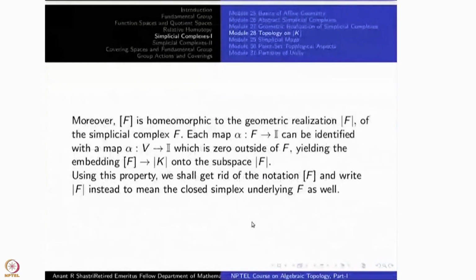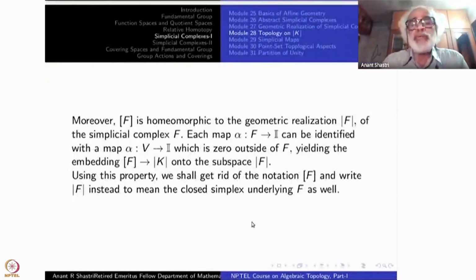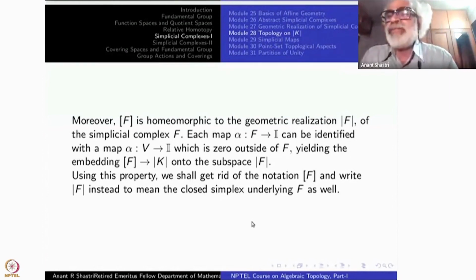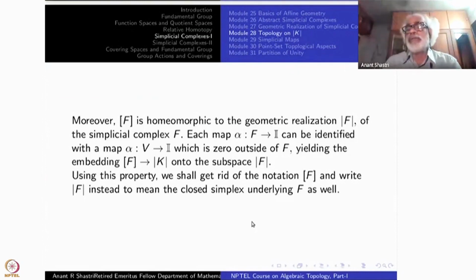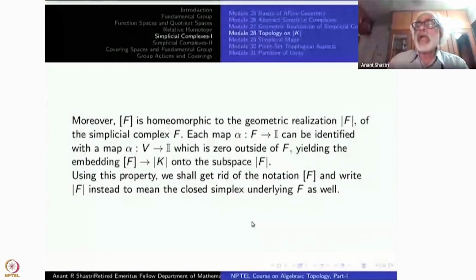Second point, again I am telling you, this closed simplex F is homeomorphic to the geometric realization of mod F, where F is thought of as a simplicial complex. Given a simplex, you take all its subsets, that's a simplicial complex. Then what is the geometric realization of this? You have to take all functions defined on F, where F is the vertex set now. That is why I have defined mod F as can be identified with I raised to F, with the condition summation alpha equal to 1.